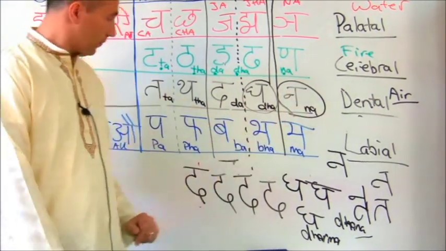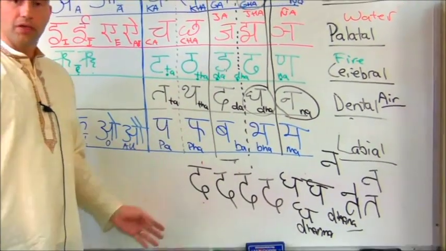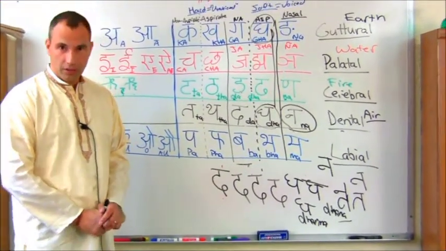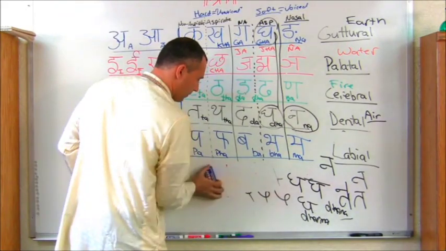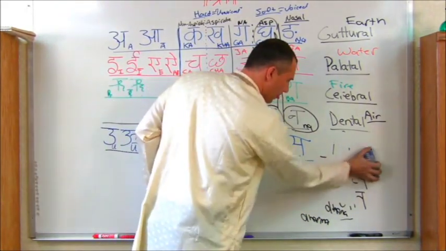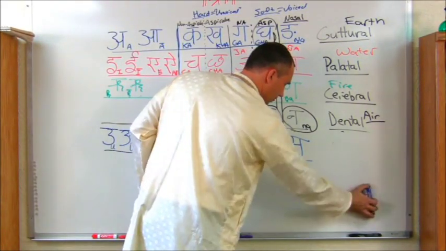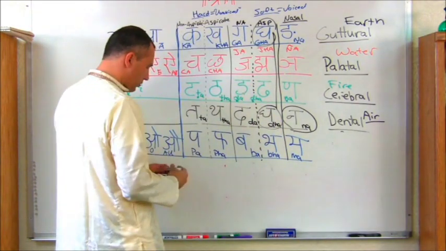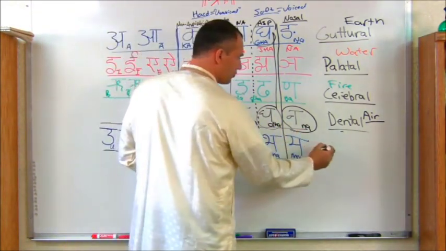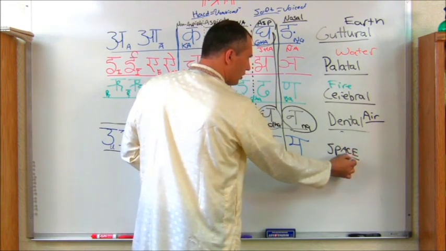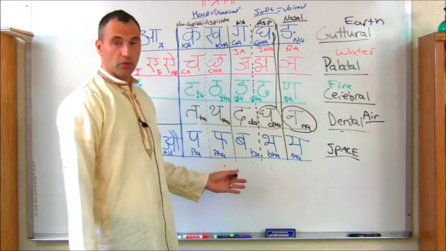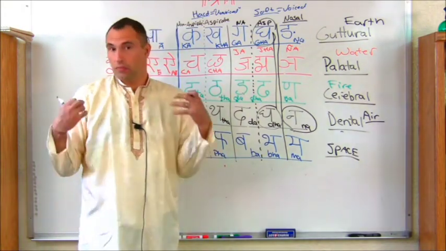Those are the dentals. Finally, we come to the labials, oshtya, labials. The labials are related to the space element. And literally, if someone has trouble working with these, it could mean spaciness.